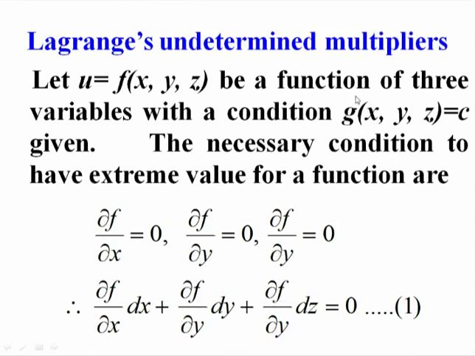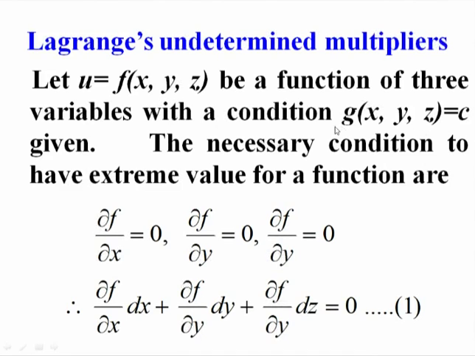So dg is equal to del g by del x into dx plus del g by del y into dy plus del g by del z into dz, and it is equal to 0 because g is equal to a constant.